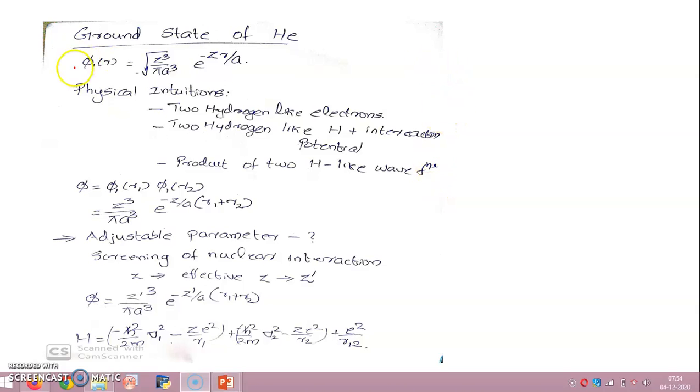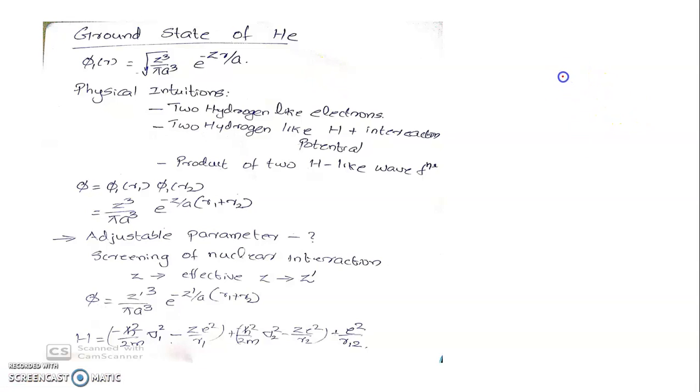Now let's consider the ground state of helium atom as a case of variational method being applied in quantum mechanics. As you know, helium atom consists of 2 unit positive charge in its nucleus because of the presence of 2 protons.